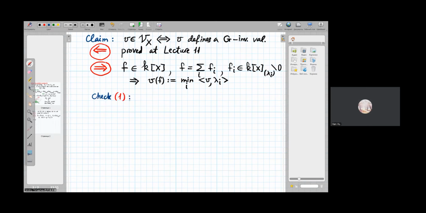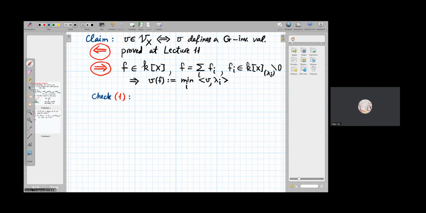If you look at the definition of a G-invariant valuation in lecture 10, this condition 1 says that the valuation map is just a homomorphism from the multiplicative group of rational functions to the additive group of complex numbers. And this multiplicative property has to be checked for the function v, which we defined in the line above.